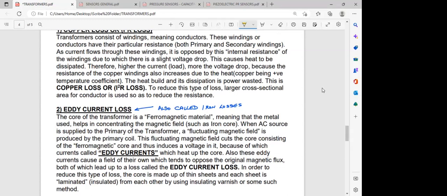When you have eddy currents flowing, they will oppose the electromagnetic lines being forced into your secondary, and they will cause the core to get heated up. Remember, whenever you're using a transformer, just touch the core of the transformer.